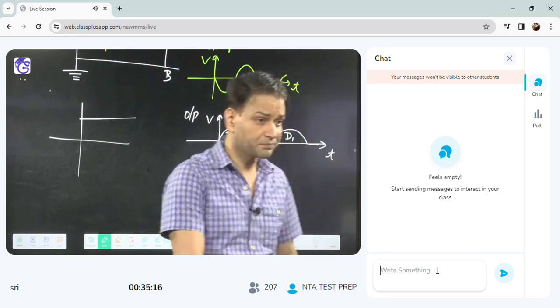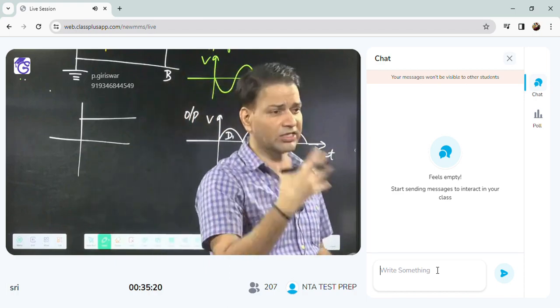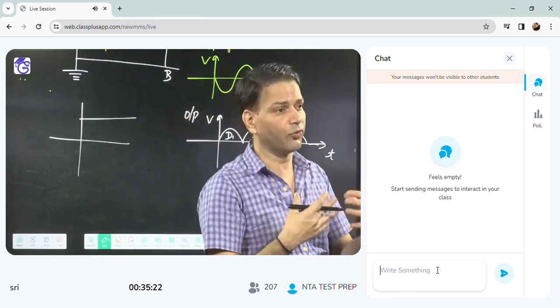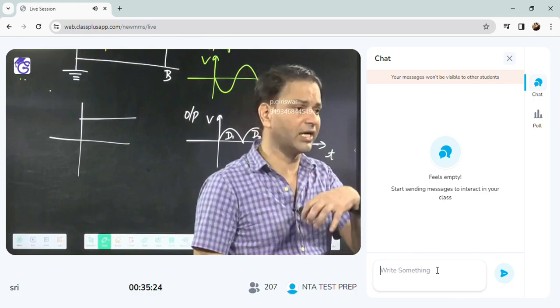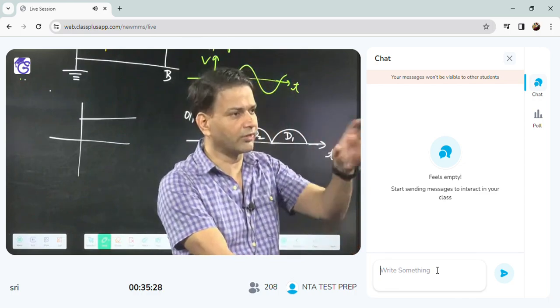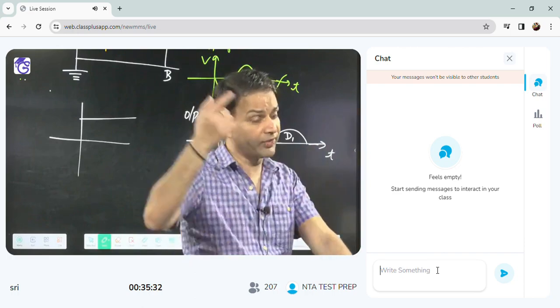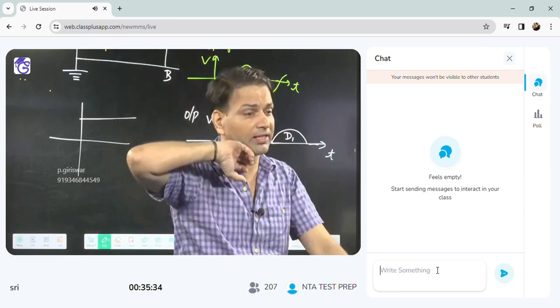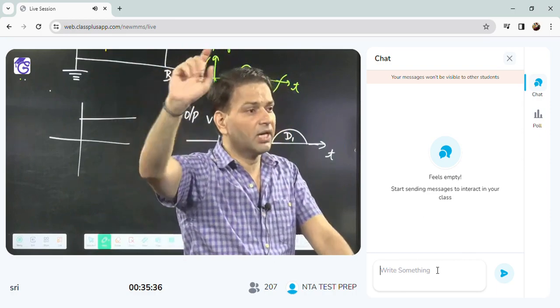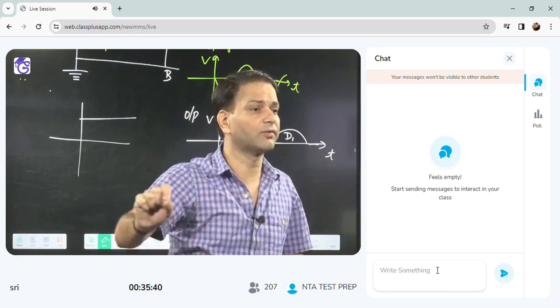Second thing, we know that in reverse bias for an ideal diode, it will offer infinite resistance. So current will be 0. But nothing is ideal. So what will happen? We have learned in reverse biasing and forward biasing, in the reverse bias, the diode conducts very small current, of the order of microamperes.